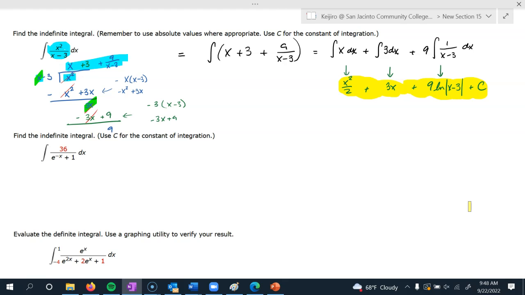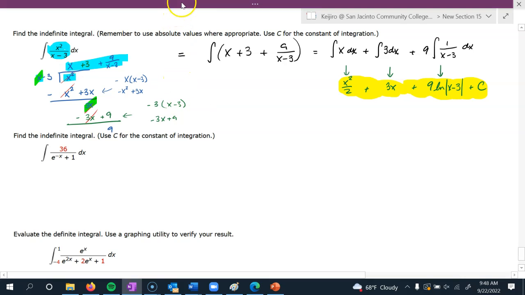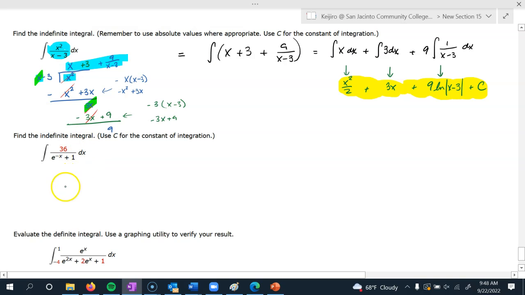But if that were true, and don't write this down, if u were e to the negative x plus 1, then du would be negative e to the negative x dx, which we don't really have.